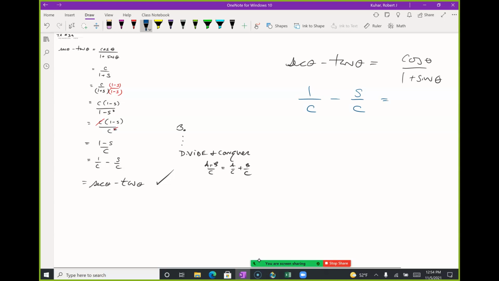And now I have 1 minus sine all over cos, and I'm going back to conjugate. So it's not much different.